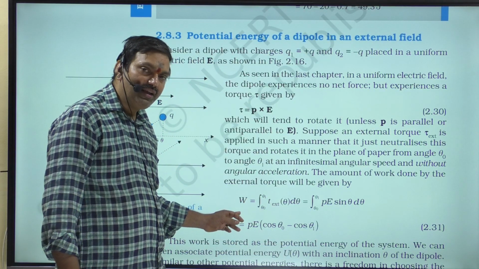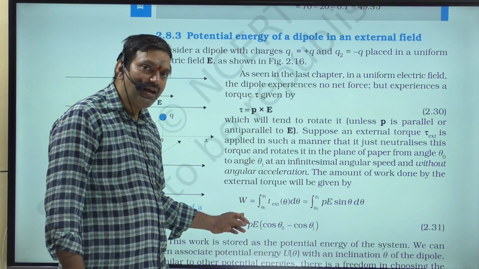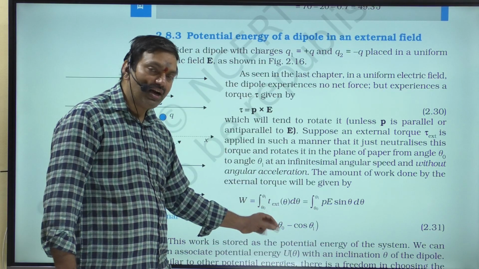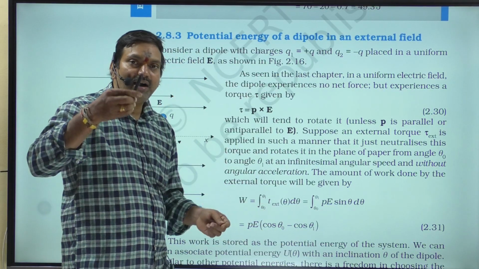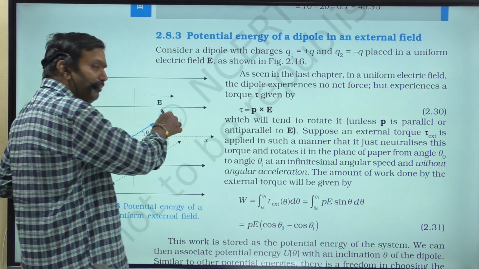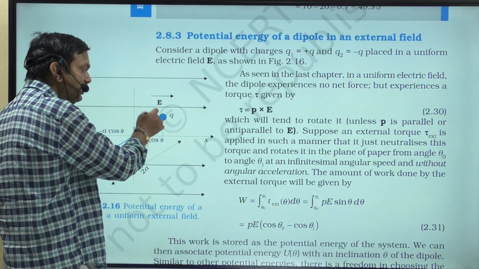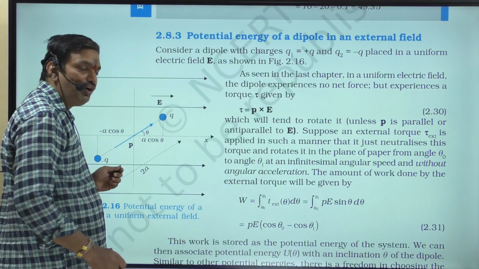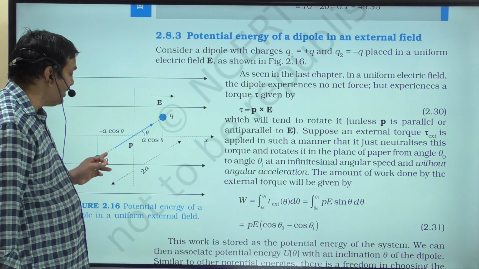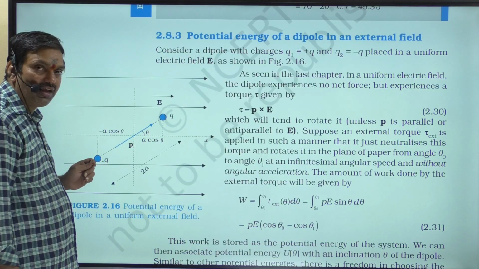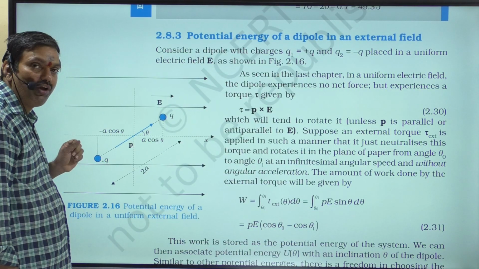So work will be done by the external torque in rotating the dipole back, because of the pair of forces: one acting at the positive charge of magnitude Q into E bar, and another force acting at the other end of the dipole, minus Q into E bar.